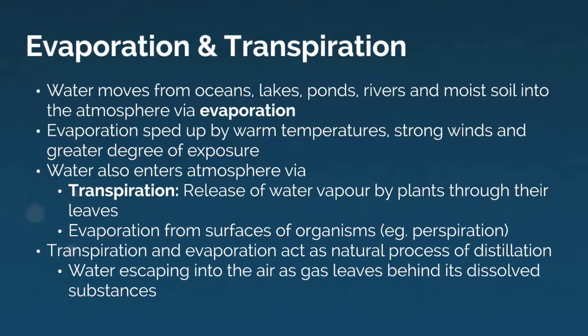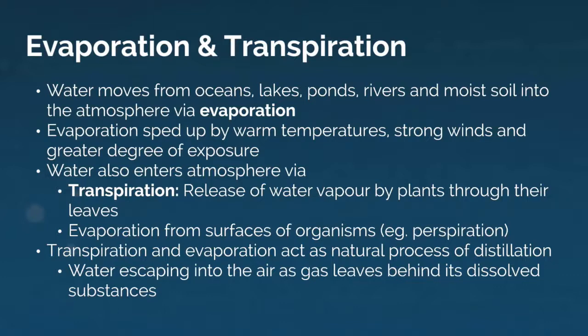Water moves from oceans, lakes, ponds, rivers, all these water bodies, and the moist soil into the atmosphere via evaporation, right? And this is sped up by warm temperature, strong wind, and a greater degree of exposure.